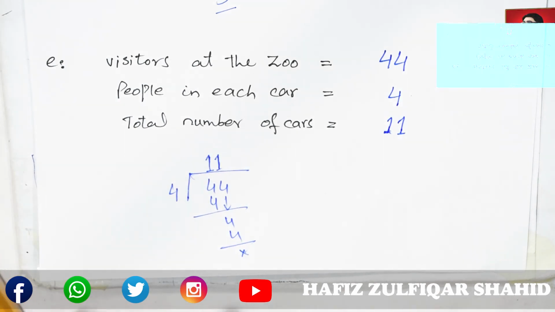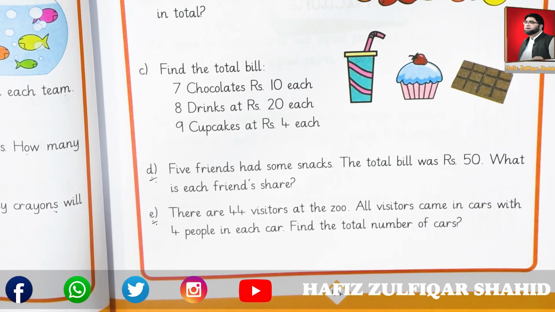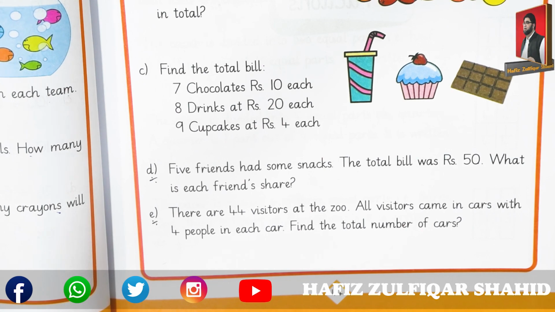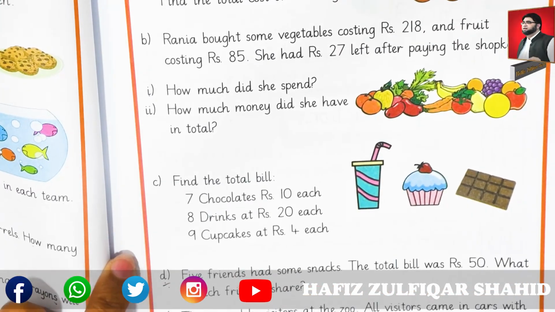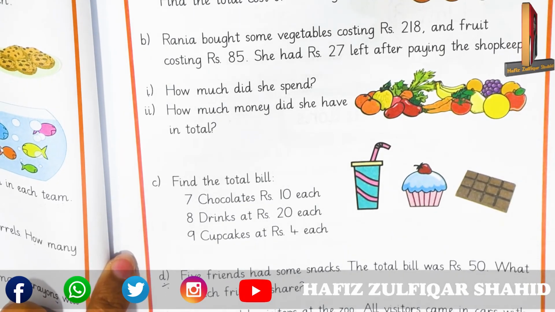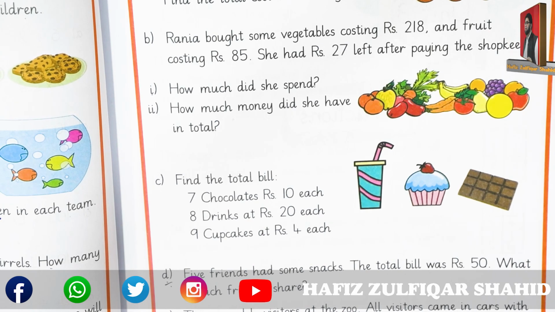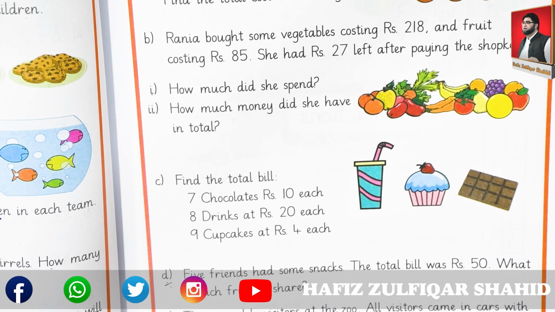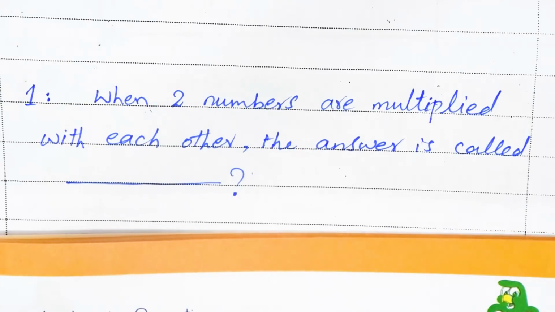Students, I hope you understand all the mixed questions. We have finished our exercise 7 and our topic mixed operations, and our unit also, which was arithmetic operations. Practice this unit.